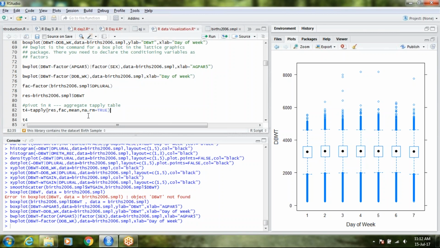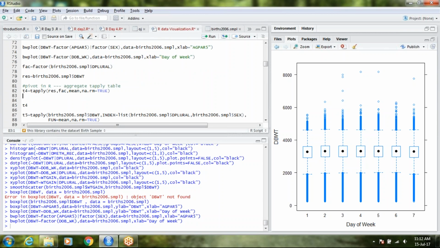So what it does, let me explain. This is actually my variable, using which I will be doing a mean. If you understand SAS, let me explain it that way. This will be a proc means statement.